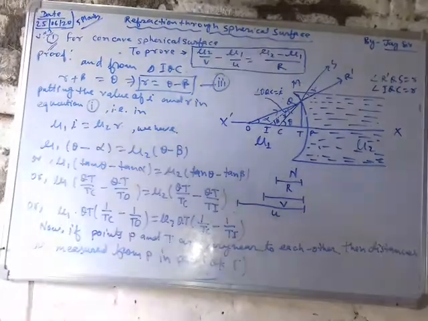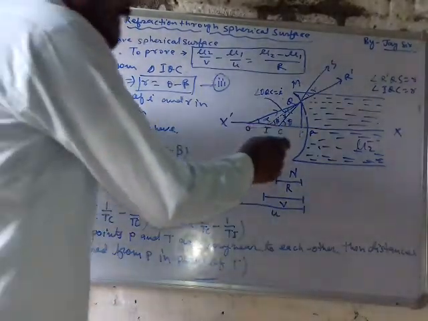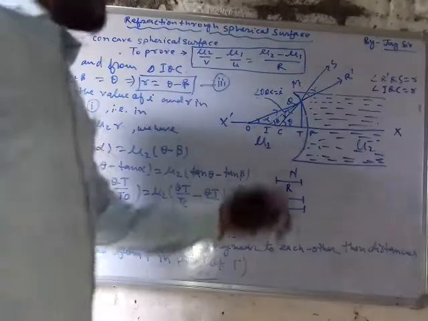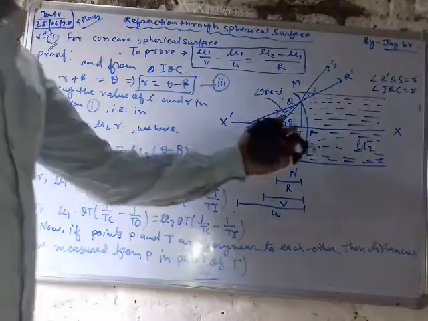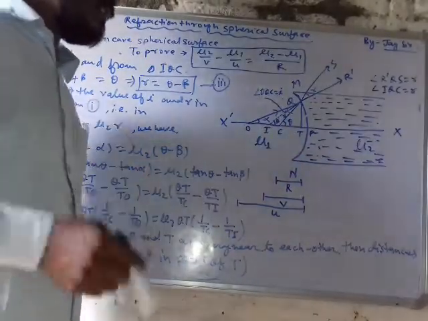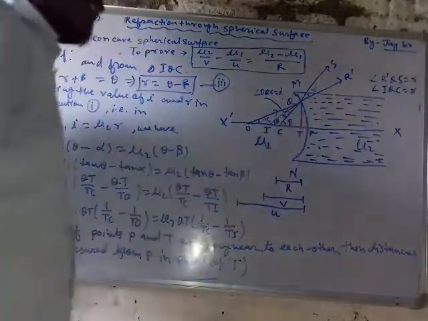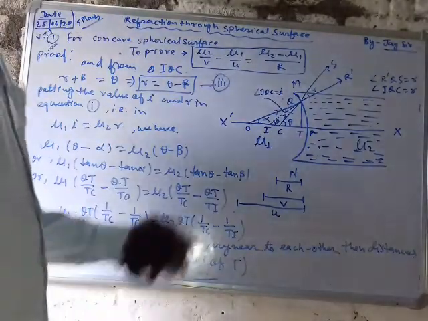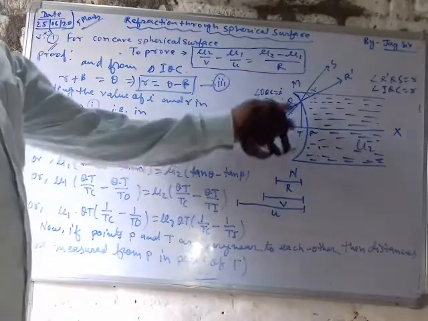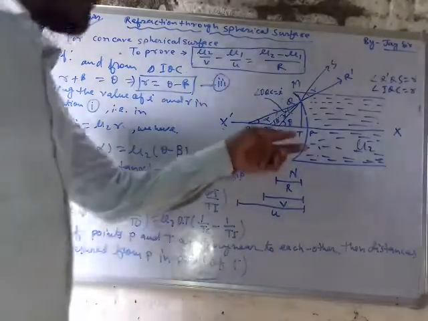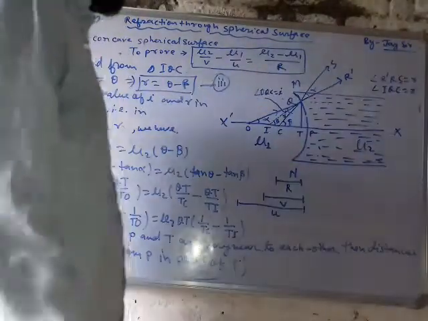Now if point T is very near to point P, then we can neglect this point, and all the distances are measured from point P, that is the pole of this spherical surface.